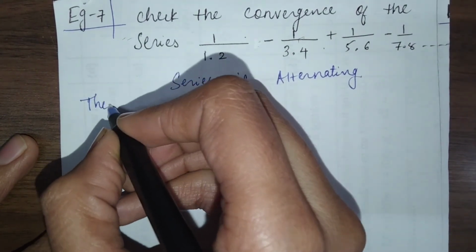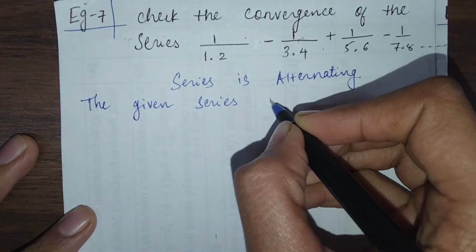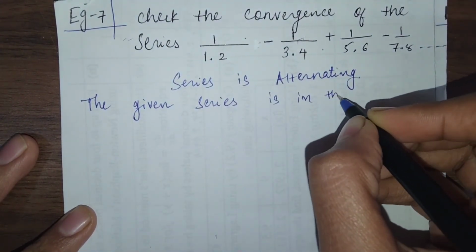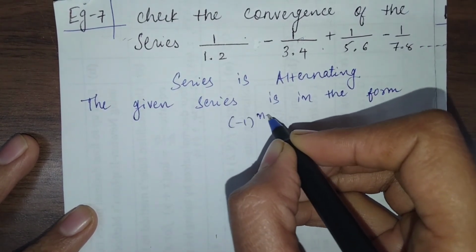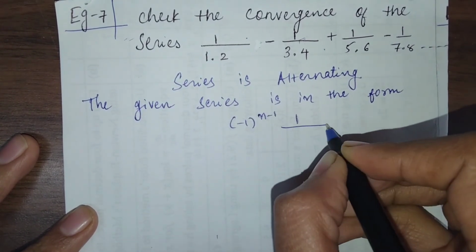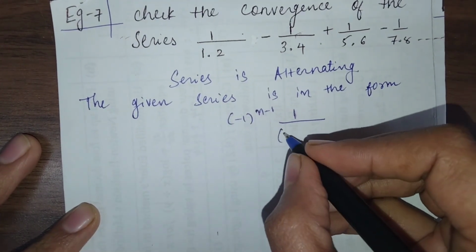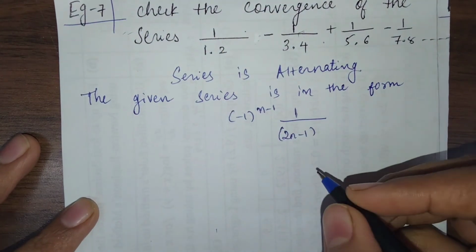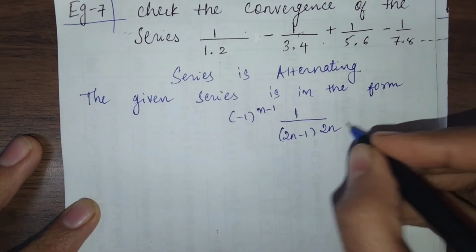So the given series is in the form minus 1 raised to n minus 1 into 1 by, we have here 1, 3, 5, that is 2n minus 1. And here we have 2, 4, 6, 8, that is into 2n.